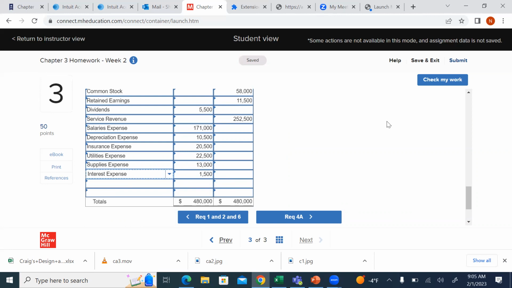Do I balance? So that just helps me know I got my debits and my credits balanced in the right columns. Okay? Just be very aware if you don't balance, to make sure that you didn't accidentally put one in the wrong spot. Okay?